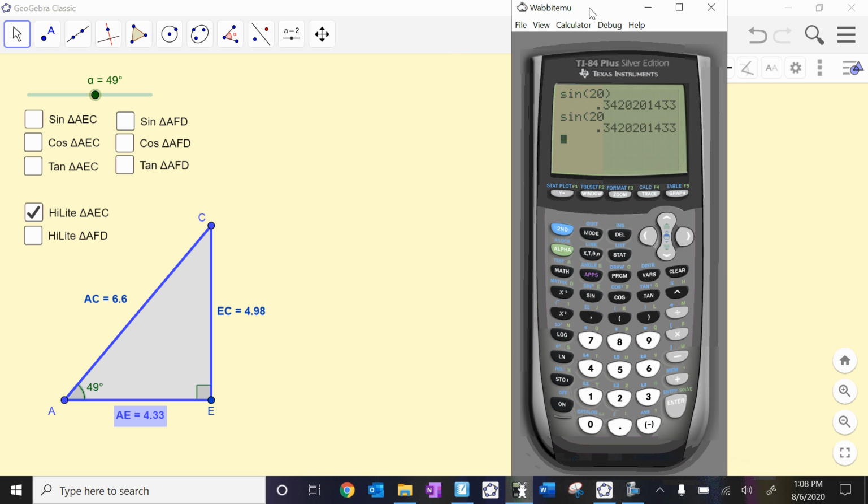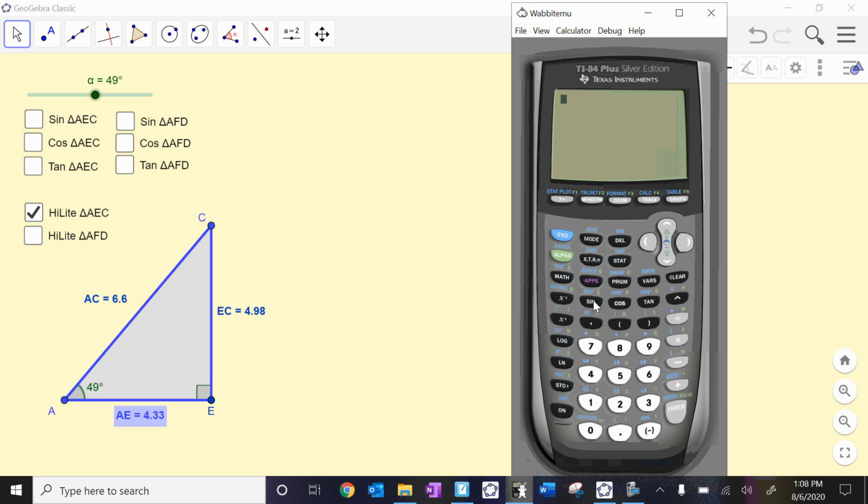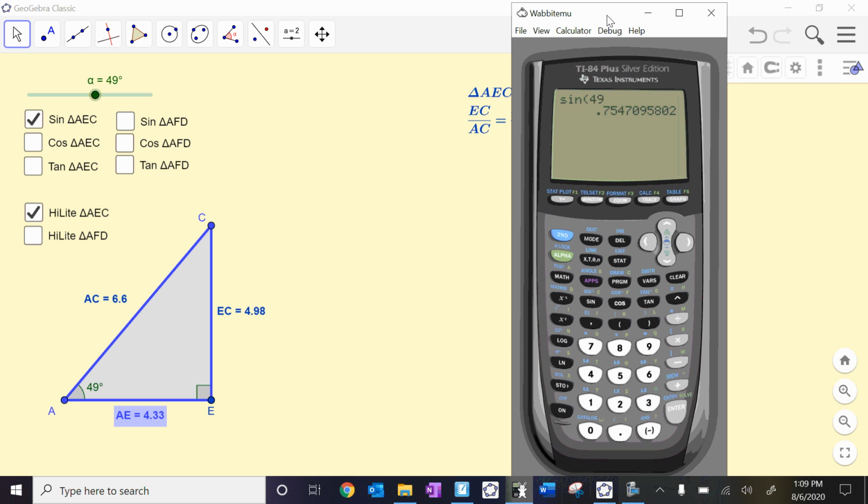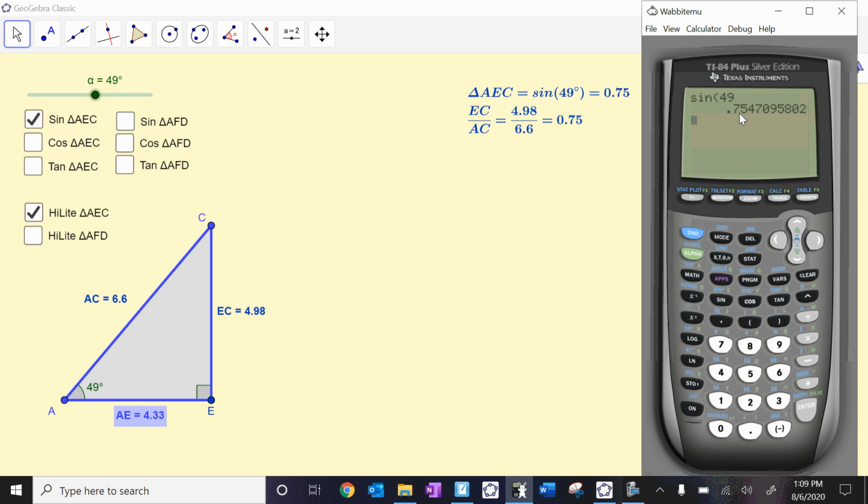If I type in sine of my angle measure of 49 degrees, I'm going to get a decimal value. Okay. We also know that sine means the opposite side length over the hypotenuse. So the opposite side length to 49 would be this one over 6.6. That's your hypotenuse. And if I do that, look at that, it comes out to approximately 0.75, which, if I pull up my calculator, look at that, it's pretty close.